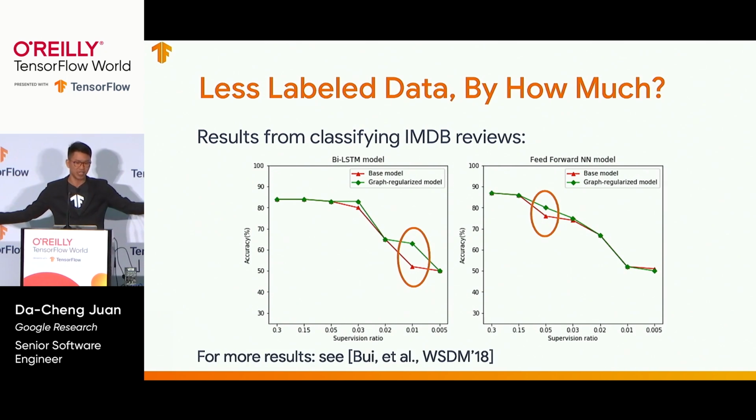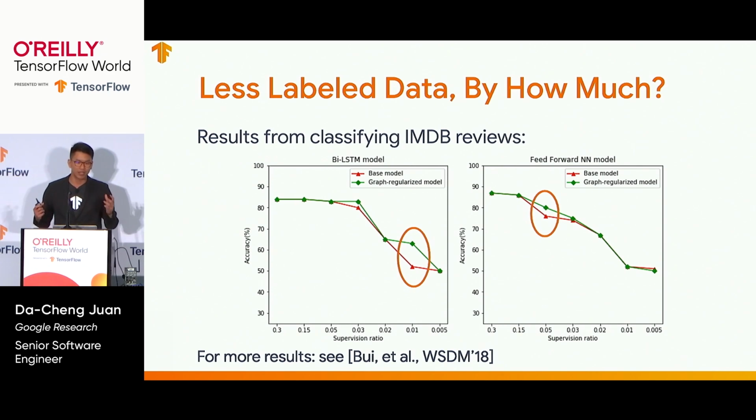The x-axis here represents the amount of supervision, which could be converted into the amount of labeled examples. And the y-axis here represents the model accuracy. The left figure shows the performance of a bidirectional LSTM, and the right figure shows the performance of a feed-forward neural net.